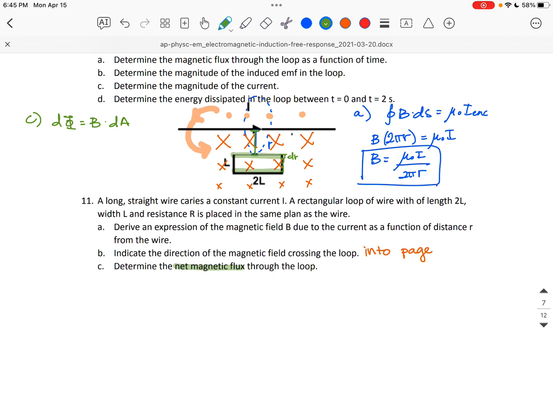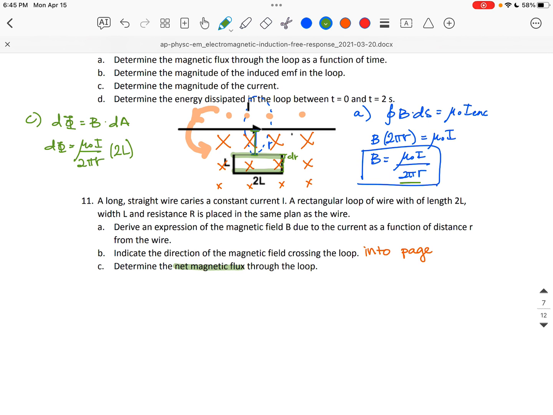We can cancel that out. But the magnetic field is this equation, so that's mu naught I over 2 pi r. The area, we know that along that horizontal length, 2L, the magnetic flux stays the same.